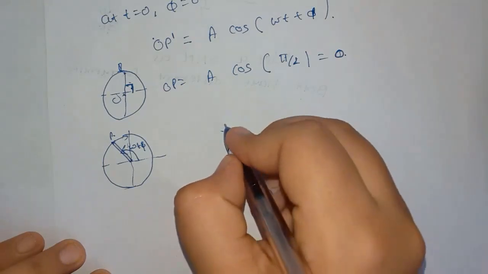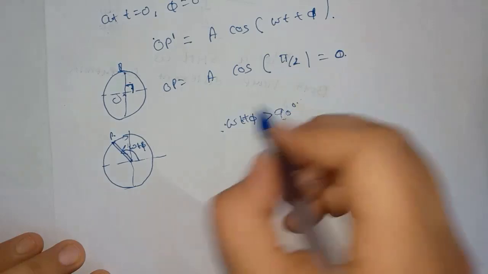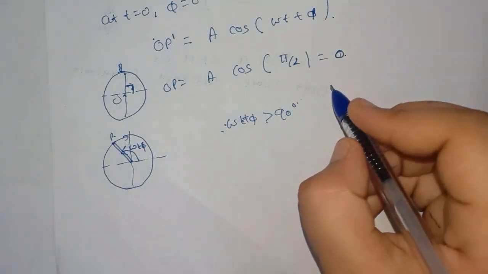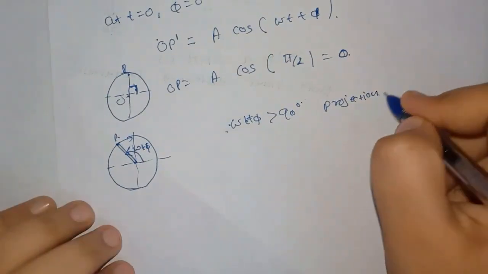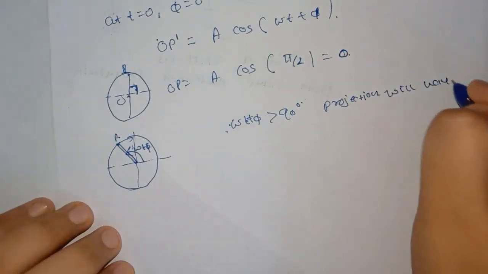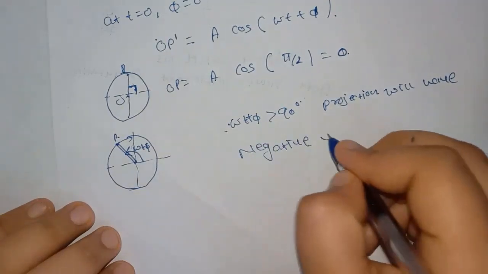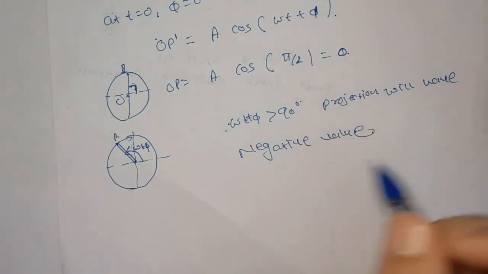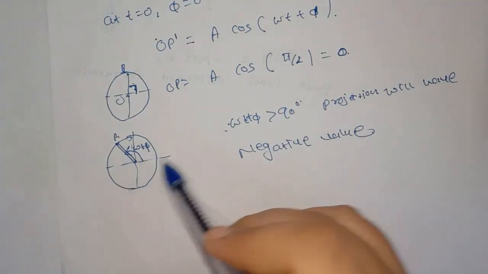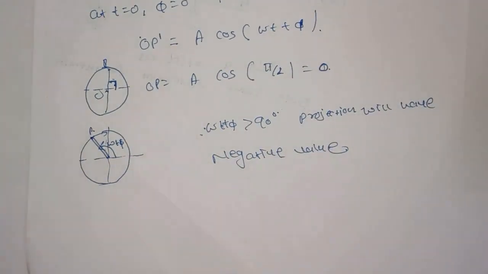For omega t plus phi greater than 90 degrees, its projection will have a negative value. So in this way, for different projections, we can find the amplitude of the SHM. The maximum amplitude will be the radius.